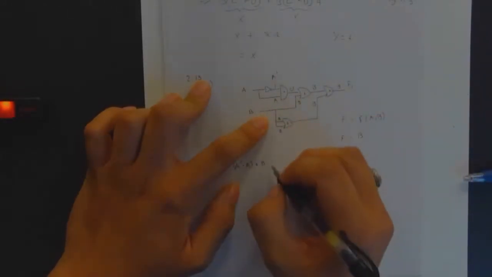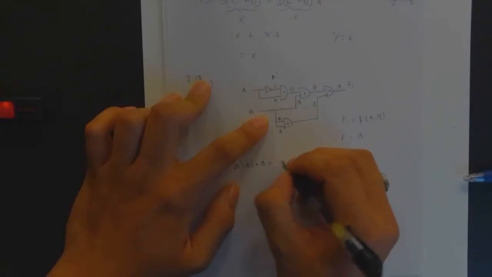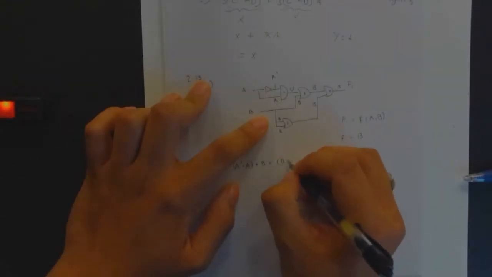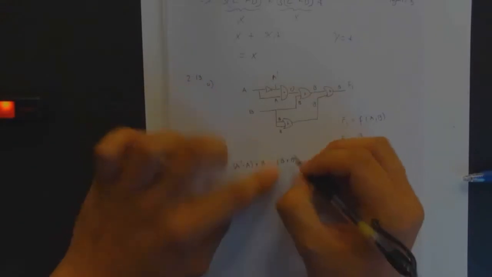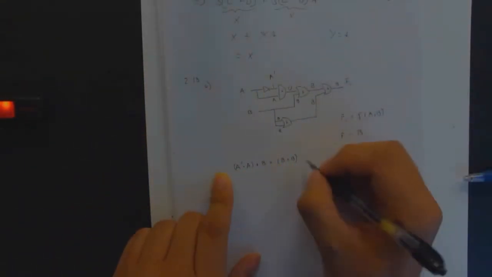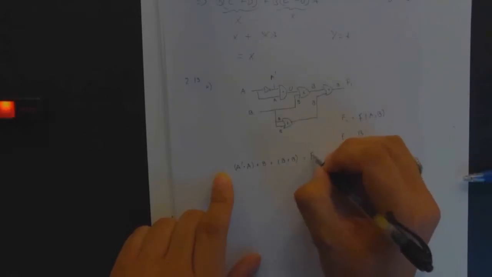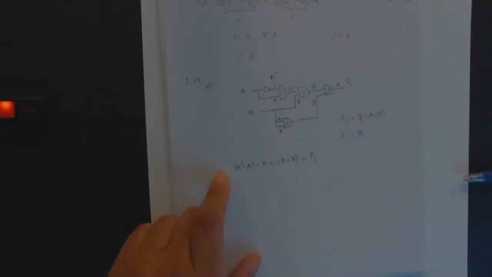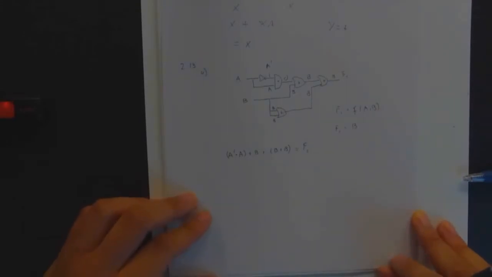So now, once we're almost at F1, we're going to come back a little bit. What's over here? That's ORed B or B. So B or B ORed with this gets us the longer form of F1. Does that make sense?